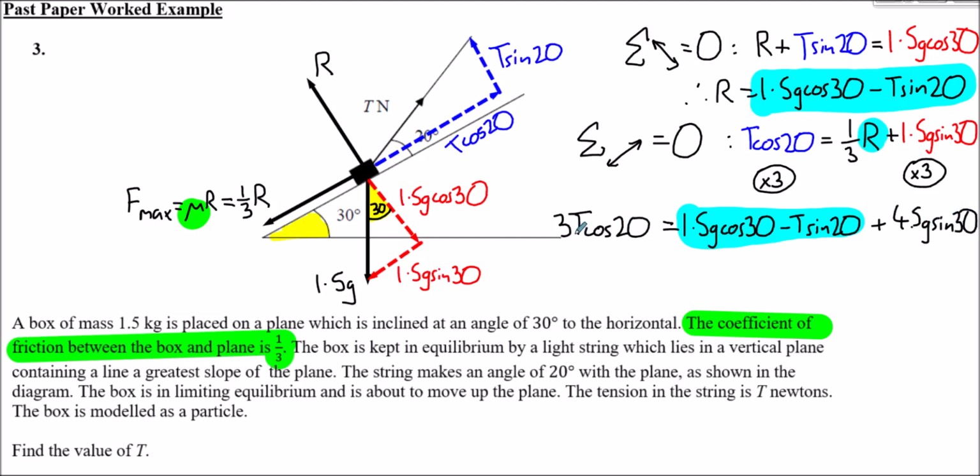Next, we need to get the T's to the same side, then we can isolate them by factorising. If I factorise out a T to begin with, I get 3 cos 20. And if I add T sine 20 to both sides, and then factorise out that T, in these brackets I'll also have sine 20. On the other side I'll just be left with 1.5g cosine 30 plus 4.5g sine 30.